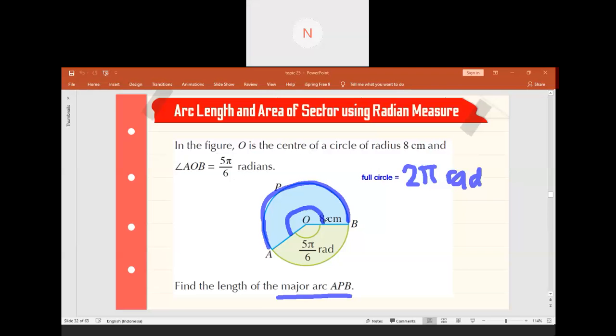I want to hear the boys' voices. 1 pi? How come? 1 pi is equal to 180 degrees. A full circle is 2 pi radian. And the smaller angle is 5 pi divided by 6.